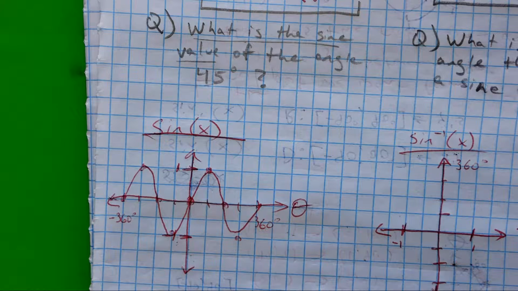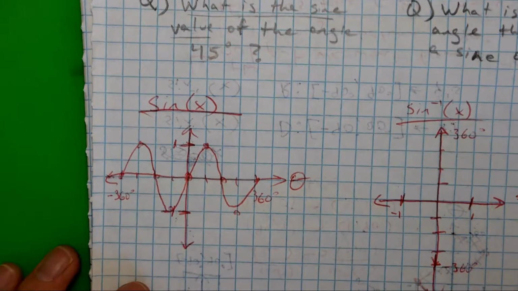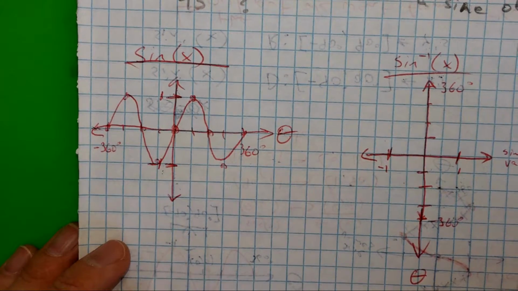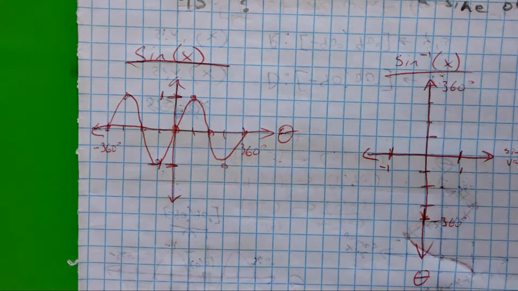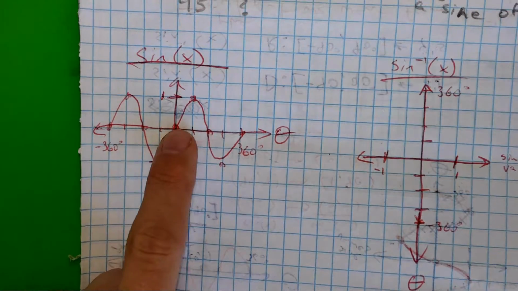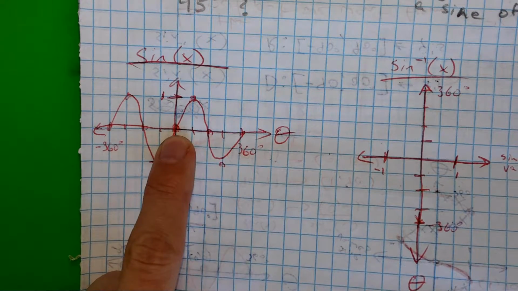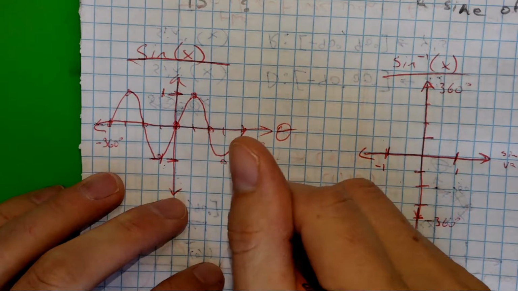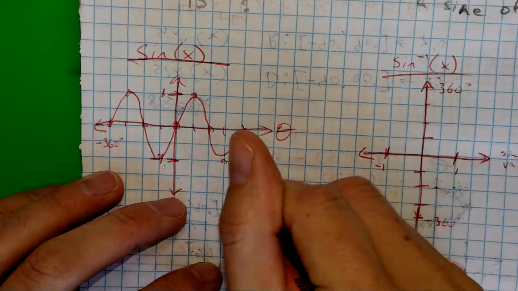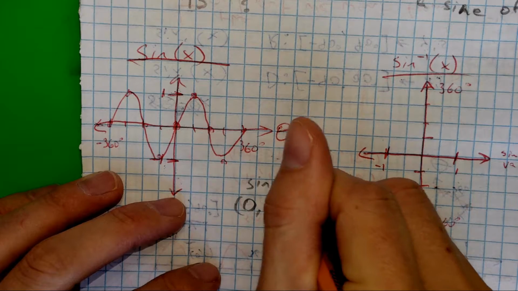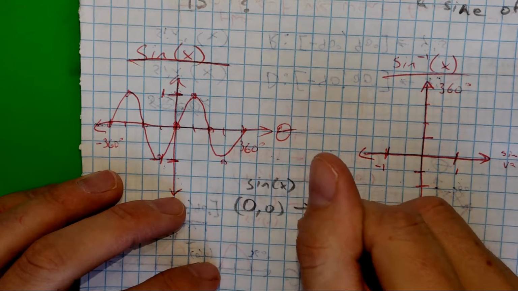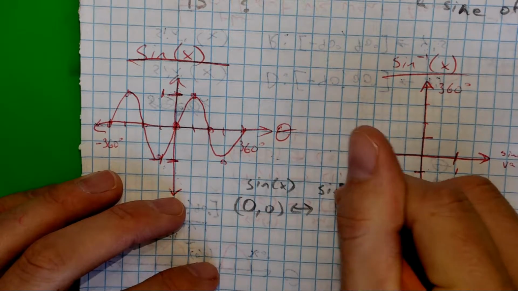I can try and do the reflection in my head, and maybe we can get an idea. But let's take some actual points so that we see the mechanics of this. If I take a point from the original sine graph, like 0, 0, that's a point on sine of x. How would I find a corresponding point on sine inverse?